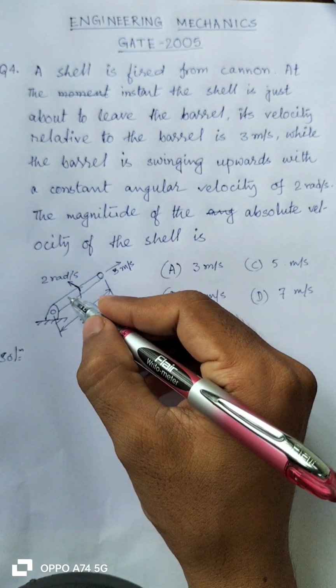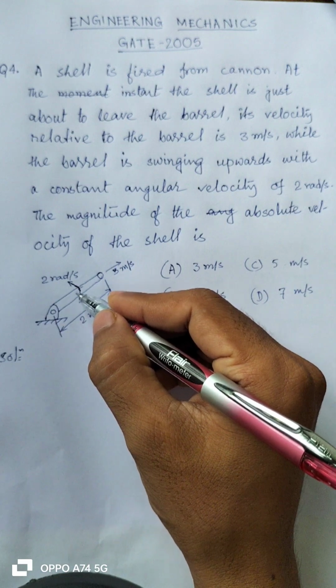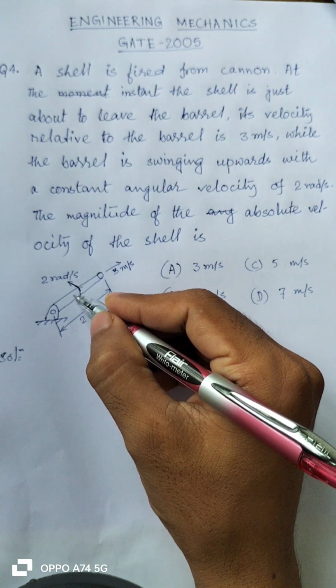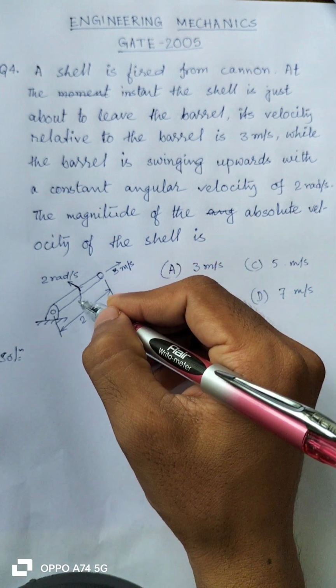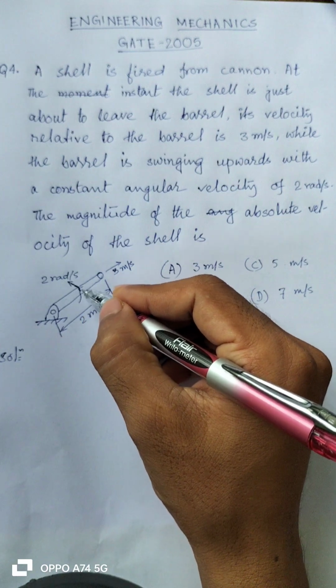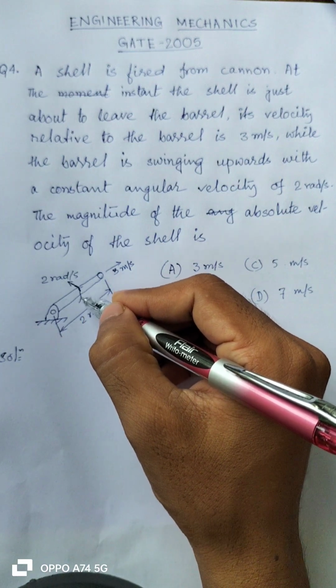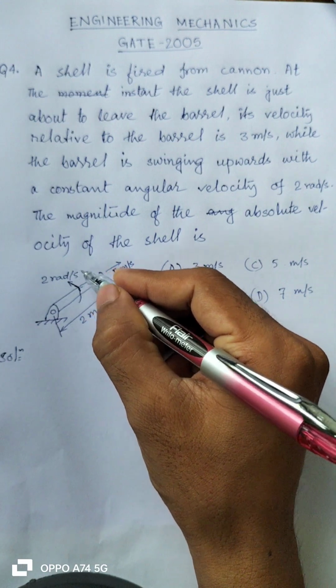Whenever the shell is inside the barrel, it has two types of motions. When the barrel is rotated, along with the barrel, the shell will also rotate.